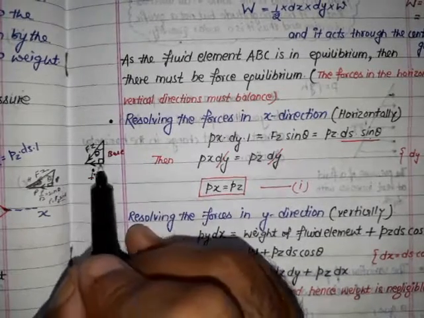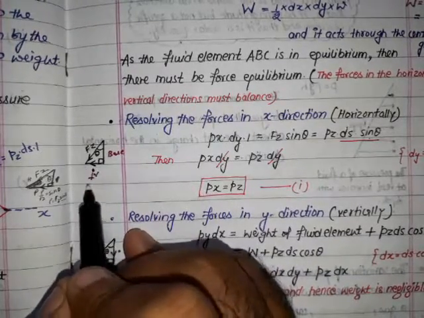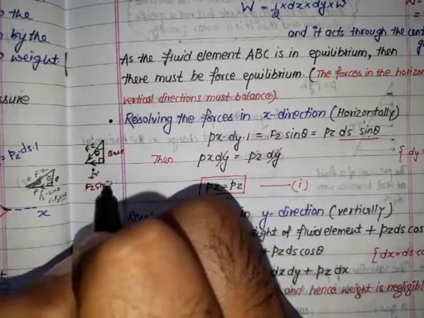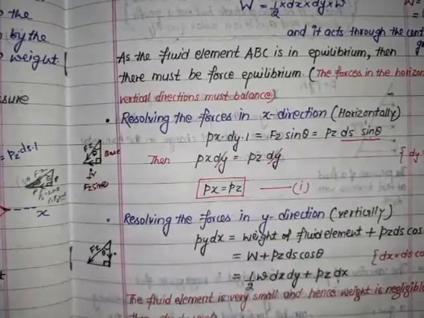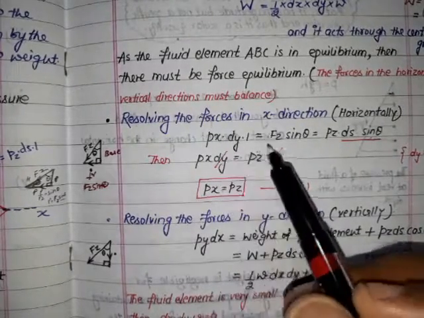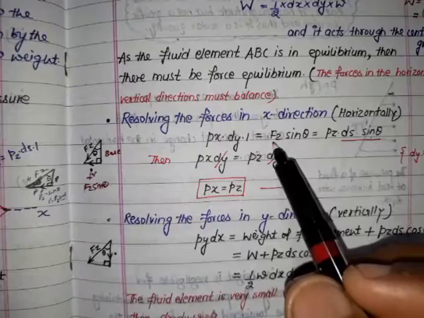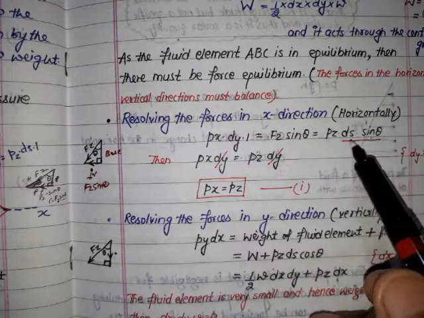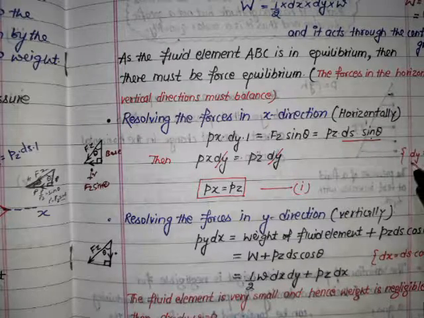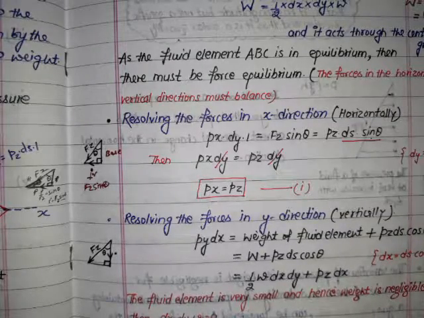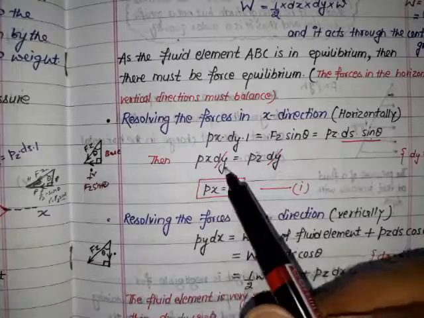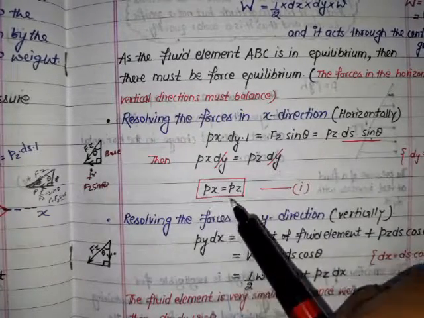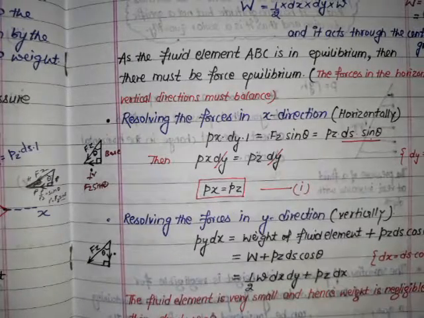So px dy equal to Fz sin theta, and the value of Fz is Pz ds sin theta, and ds sin theta, as we already discussed, equals dy. Substituting, px dy equal to pz dy, cancel dy, then px equal to pz. This is equation 1.